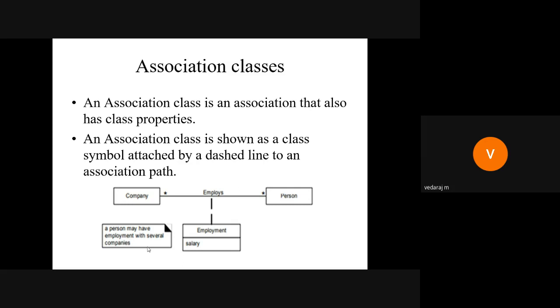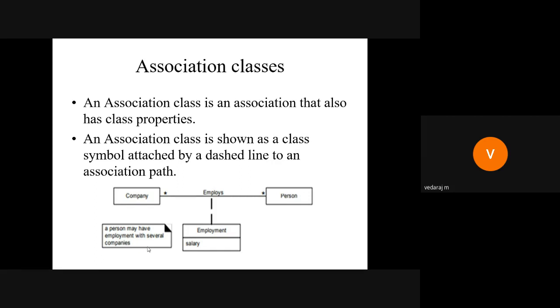It is very similar to a class: it has a class name, attributes, and methods, but it completely describes the association. It is only attached to the association, by using the dashed symbol. It is not describing the company or the person, it only describes the association.